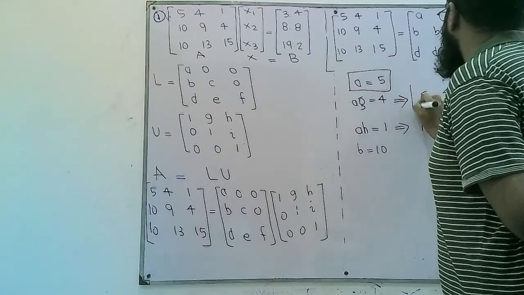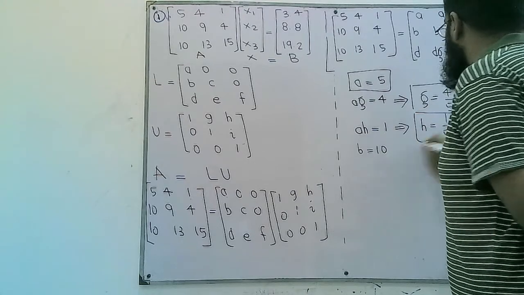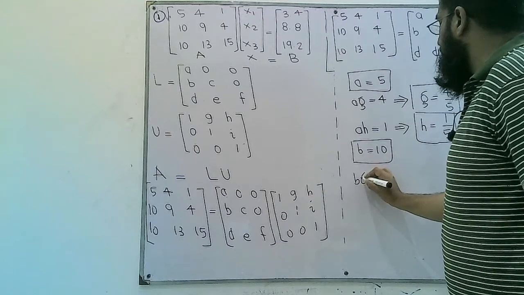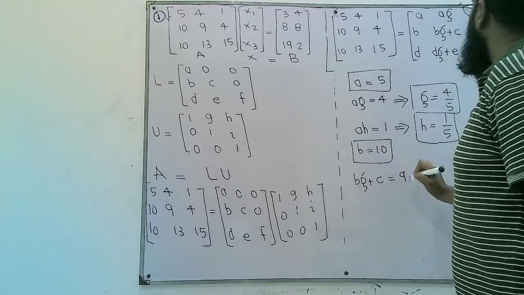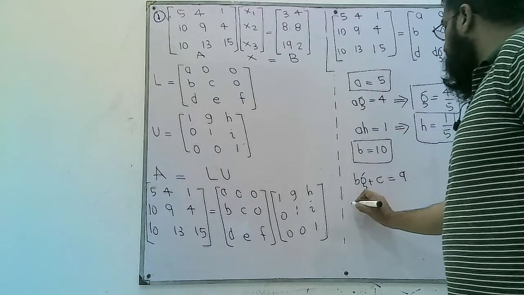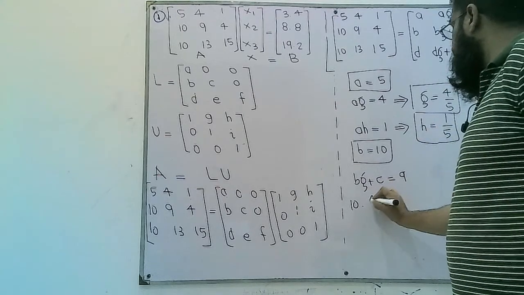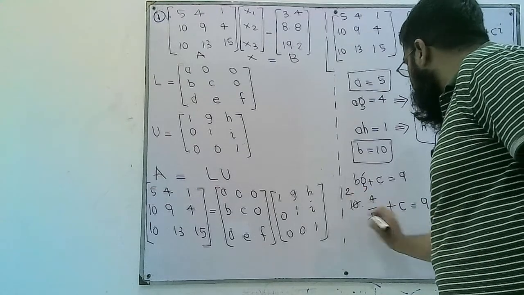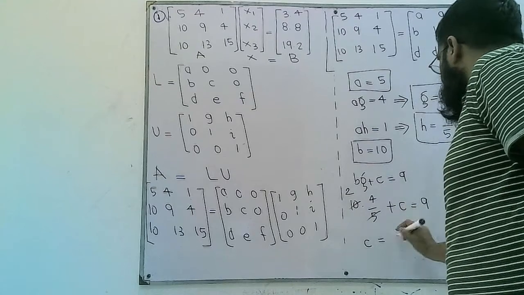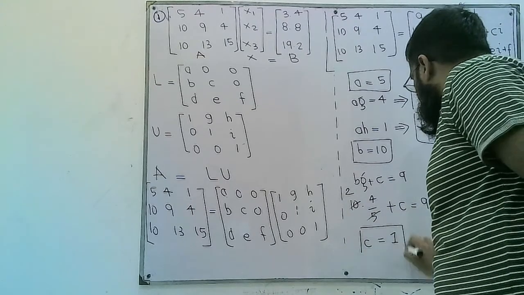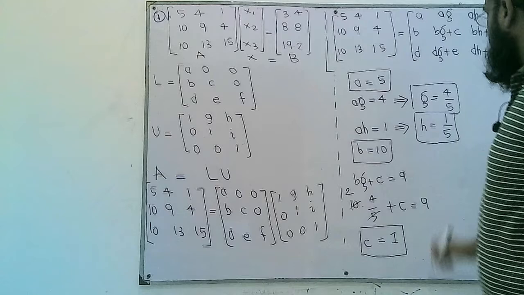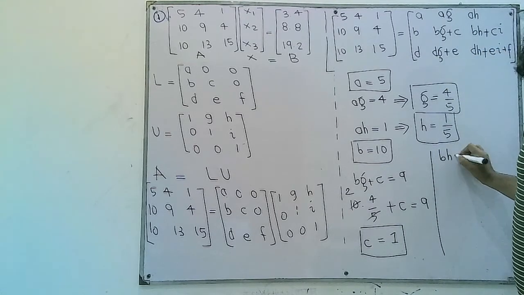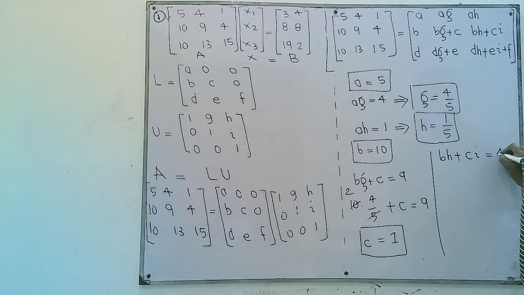A is 5, G is 4 over 5, H is 1 over 5, B is 10. BG plus C is 9. This means 10 times G, 4 over 5, plus C is 9. So 8, C is 9 minus 8, C is 1. And then BH plus CI is 4.